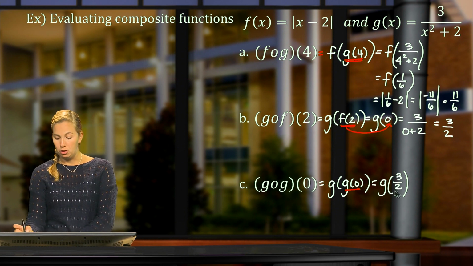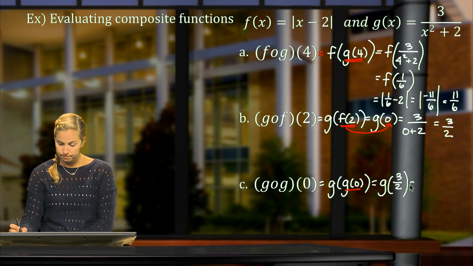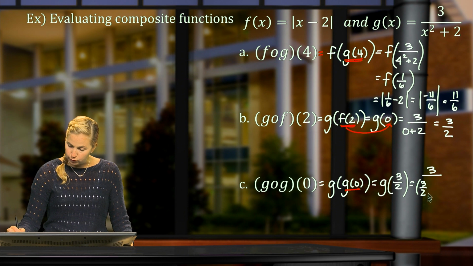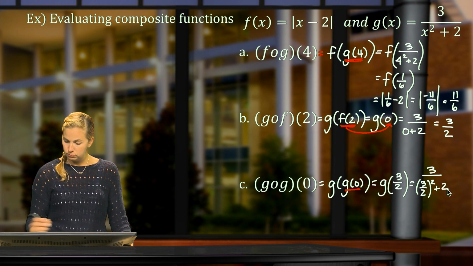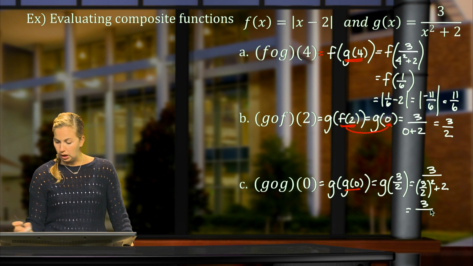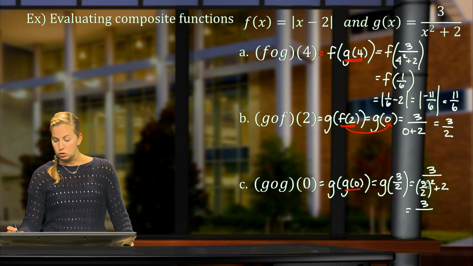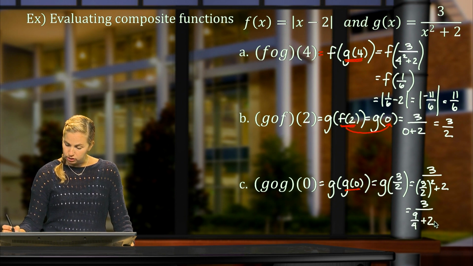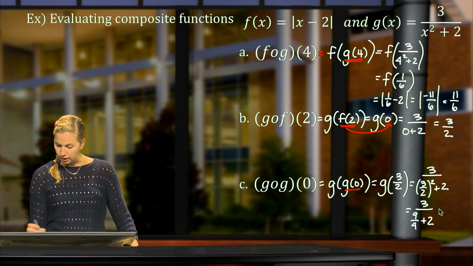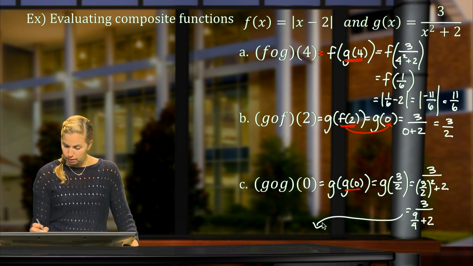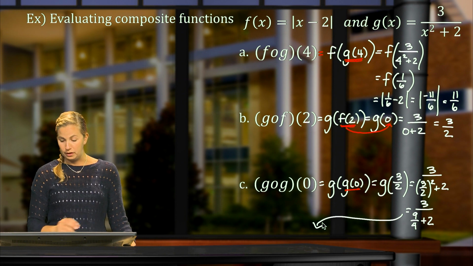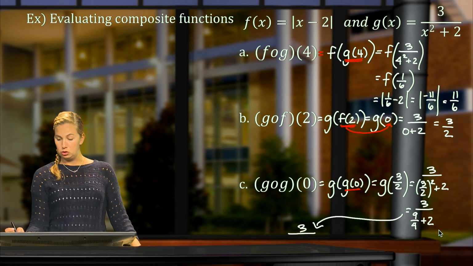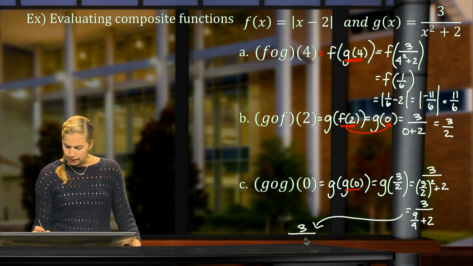So now we're plugging 3 over 2 into our function g, which is 3 divided by (3 over 2) squared plus 2. We're squaring the numerator and the denominator, so we get 9 over 4 plus 2. I'm going to come over here because I'm running out of space, but I want to show you how we're working with this complex fraction. 3 over (9 over 4 plus 2) is going to be 3 over 17 over 4.